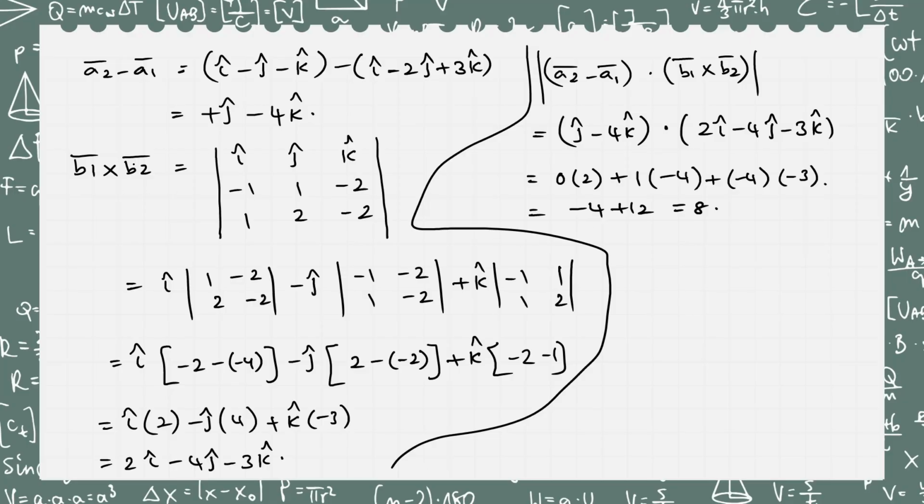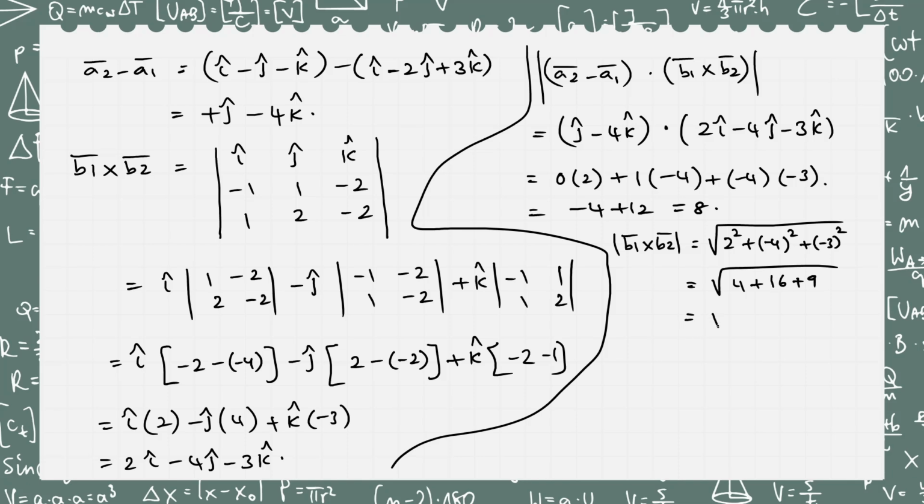Now we need the length of the b1 cross b2 vector also. So the length of b1 cross b2 will be the square root of 2 square plus minus 4 square plus minus 3 square. This will be 4 plus 16 plus 9, and this will be root of 29.